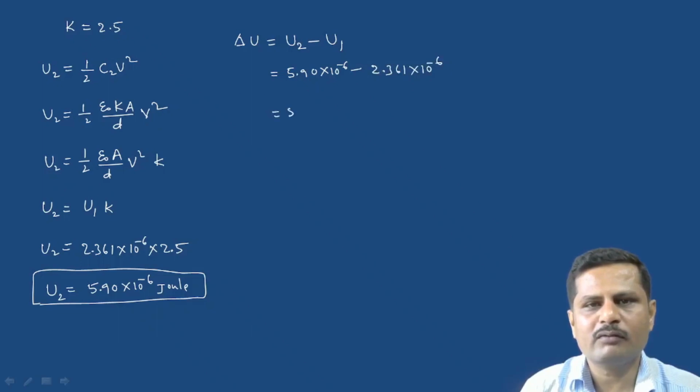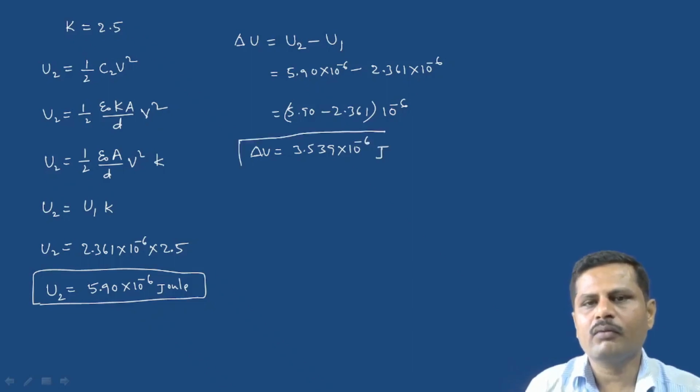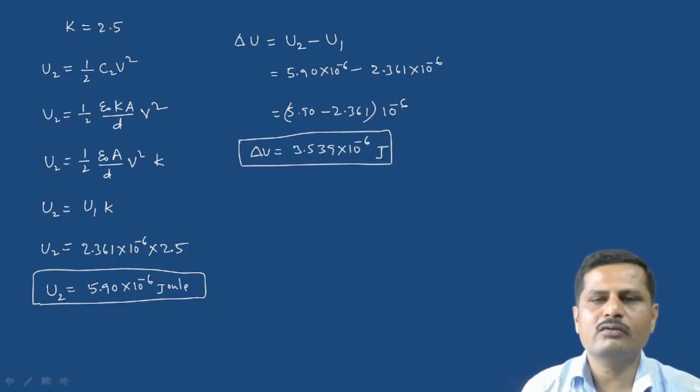This can be written as 5.90 minus 2.361 into 10 raised to minus 6. This gives us the change in energy stored in the capacitor, delta U, equal to 3.539 into 10 raised to minus 6 joule. This is the change in the energy stored in the capacitor.